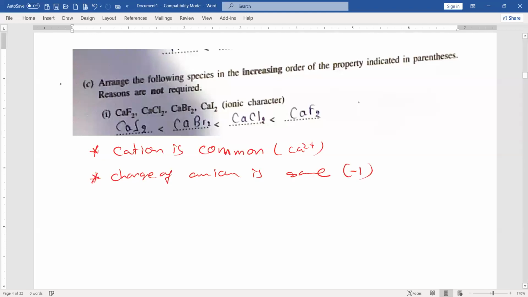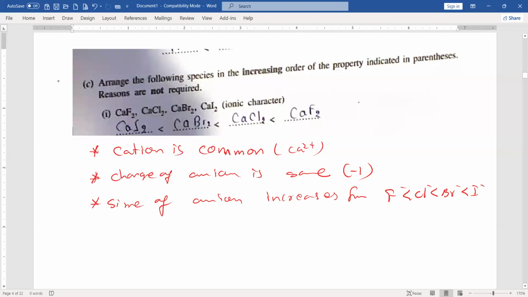It is -1. But the size of the anion increases from F minus to I minus. So you better write it this way: F minus, Cl minus, Br minus, and I minus.